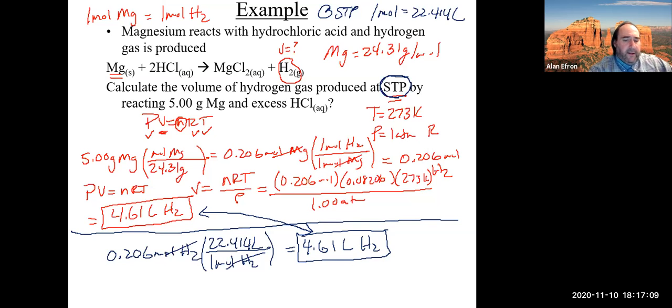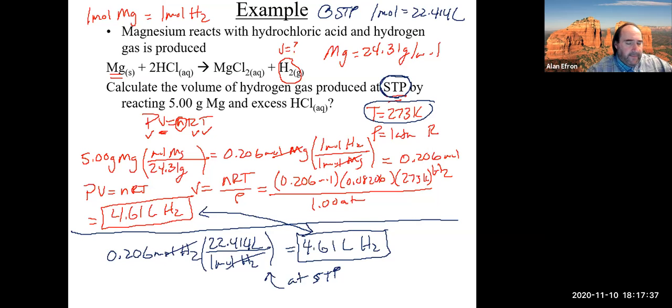Whichever way you go here, you can use this because it's at STP. Remember, you cannot use it if it is not at STP conditions. So the only time you can use this is at STP. And to answer their question, that is why the temperature was 273. That's basically what STP means: the temperature is 273 Kelvin and the pressure is 1 atmosphere.